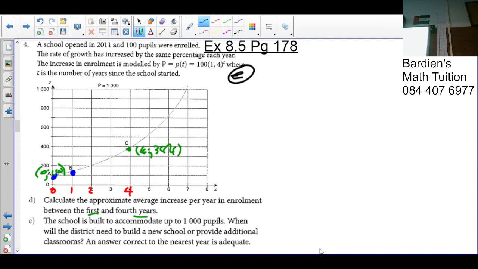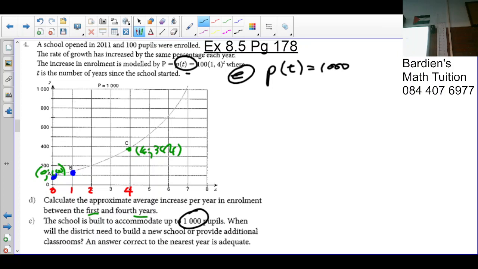If the school can accommodate 1,000 pupils, that means P of T is 1,000. You must calculate the number of years, which is denoted by T here.